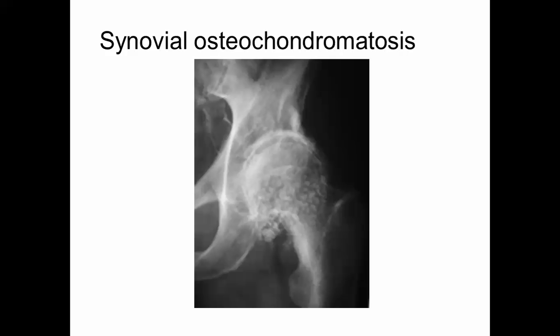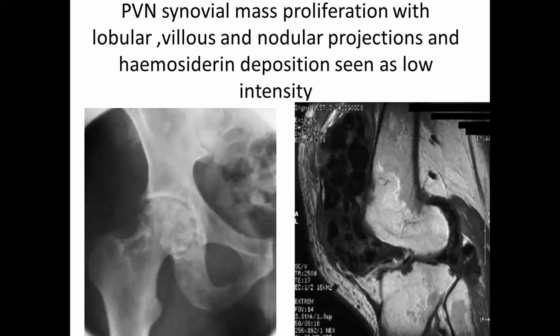and this is the synovial osteochondromatosis, another example of the pigmented villonodular synovitis, as seen as lobular, villous, and nodular projections loaded with hemosiderin, so seen in the MRI as low densities.